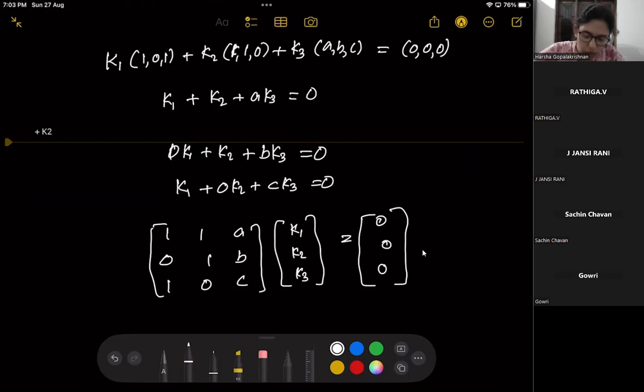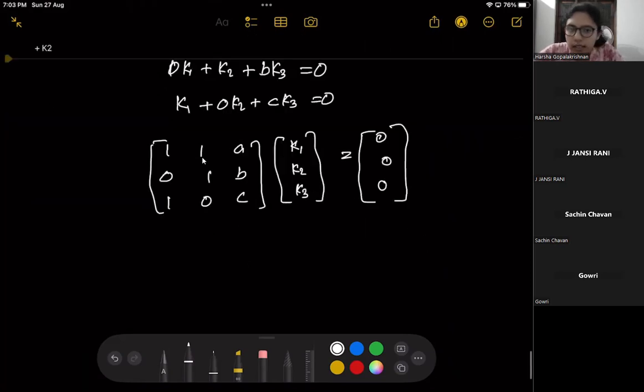Now, this matrix, see, 1, 1, A; 0, 1, B; 1, 0, C. Suppose it is A. If determinant of A equal to 0, this K1, K2, K3 has a non-trivial solution.